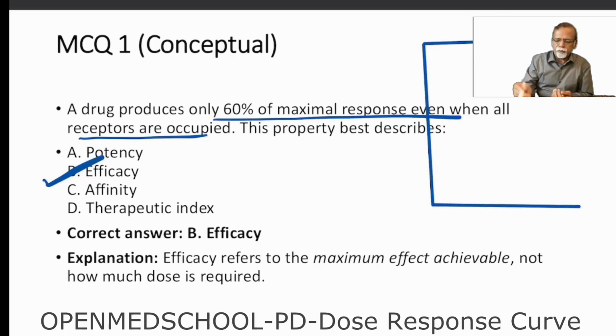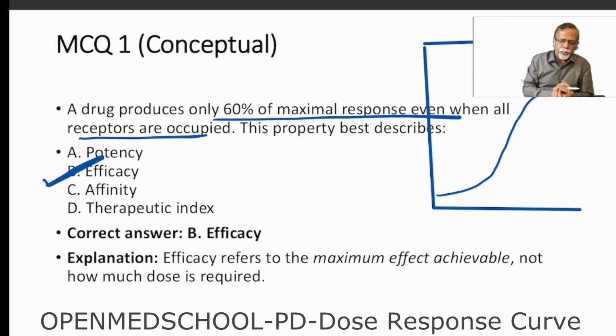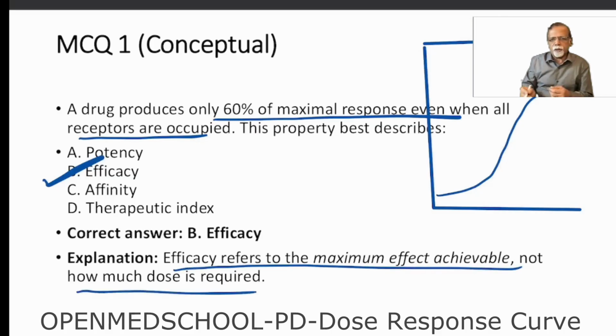This is a maximum response. A drug is producing only 60%. The curve will be like this. So Emax is less, so it is less efficacious. So efficacy refers to the maximum effect achievable, not how much dose is required.